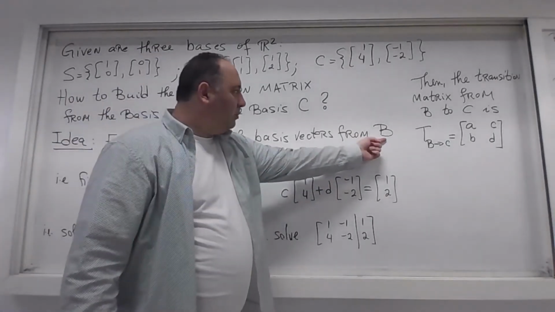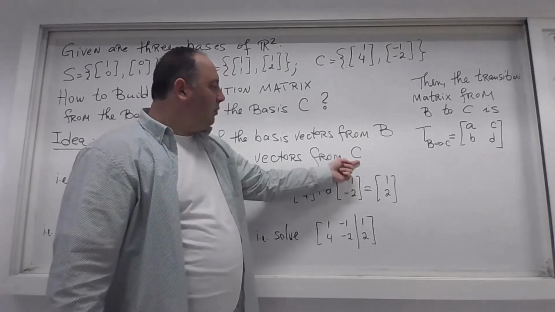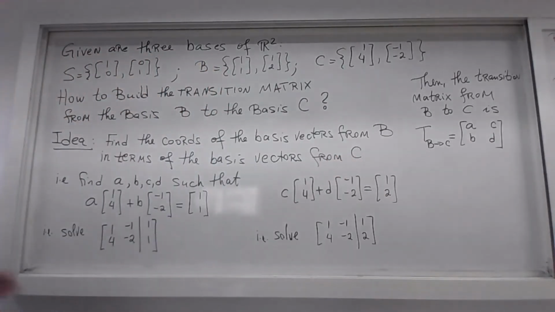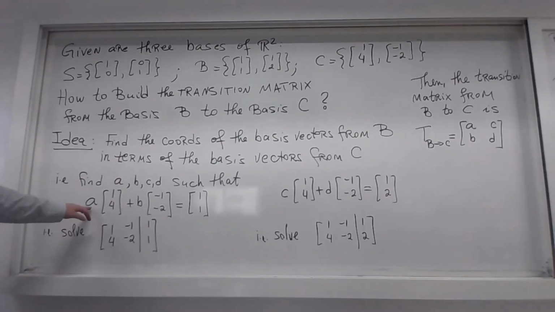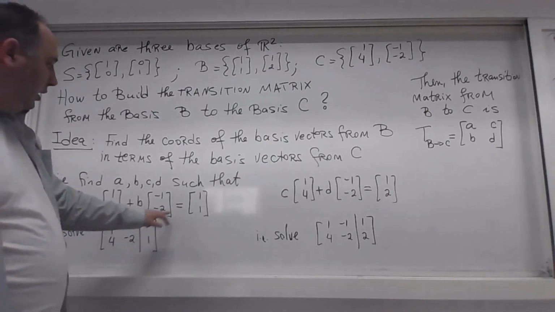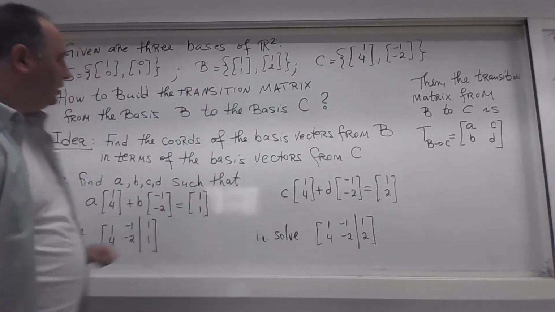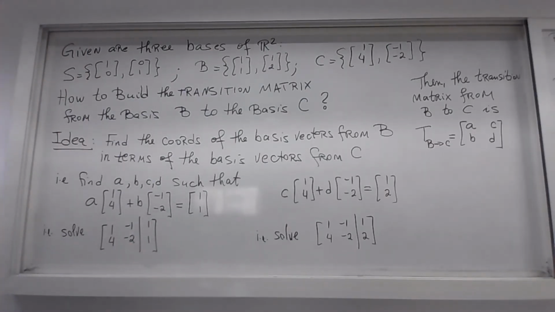People from basis B need to be expressed as linear combinations of vectors in basis C. So what does it mean? It means that I need to find constants A, B, C, D such that A times the first vector from basis C plus B times the second vector from basis C is equal to the first vector from basis B. So I need to solve the non-homogeneous system.